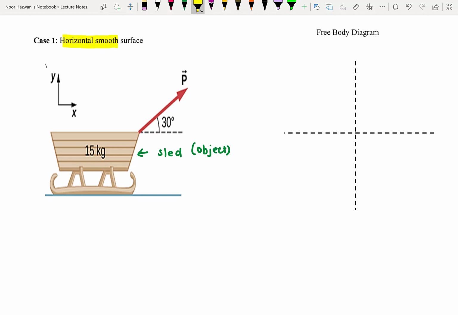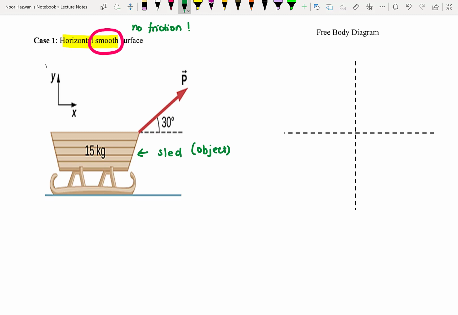What this means is it gives us the idea that there is no frictional force acting upon the slat. For example, if the question mentions clearly that the surface is smooth, it actually tells us that there is no friction.